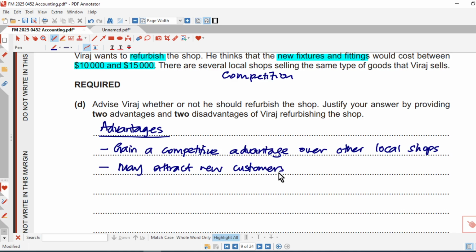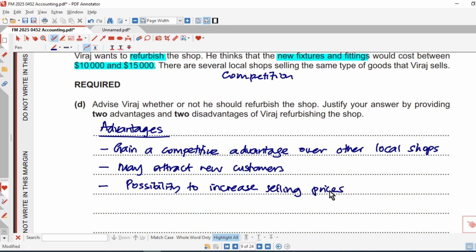Okay, what else can you talk about? What other advantage could you think of? So some people would say there's a possibility to increase prices, right? There's a chance we could increase our selling prices because we've renovated the shop, everything looks good.